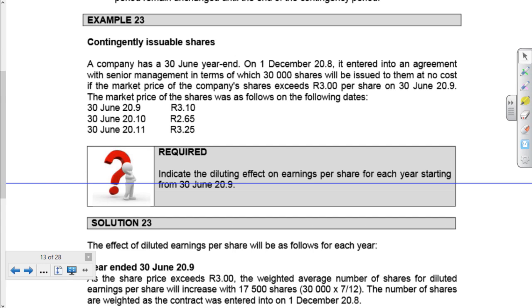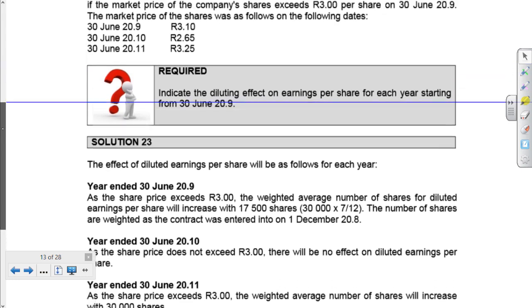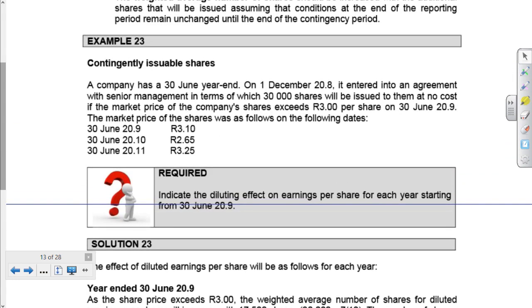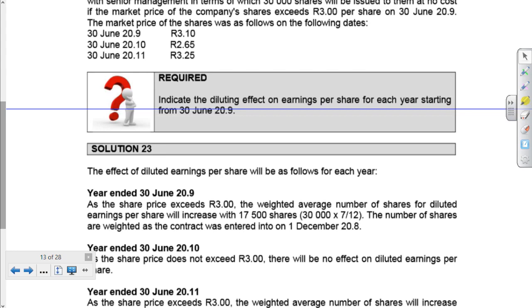So if the share price exceeds 3 Rand, we will do it. Right? So if we look, the first year end, the share price exceeds 3 Rand, we'll include it in the diluted. And we'll include 17,500 shares because it's only been in issue for 7 months in that first year. The agreement with the shareholders was entered into on the 1st of December. So by the time we get to June, it's been 7 months. So in that first year, we will include it, but we will only include it for 7 months.